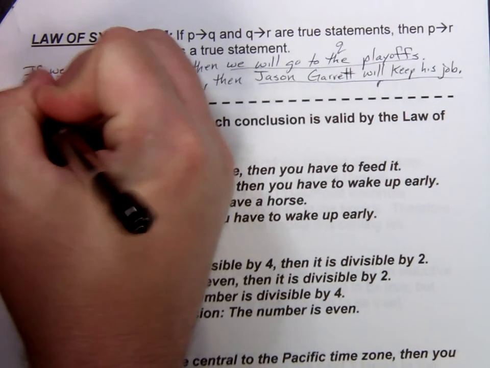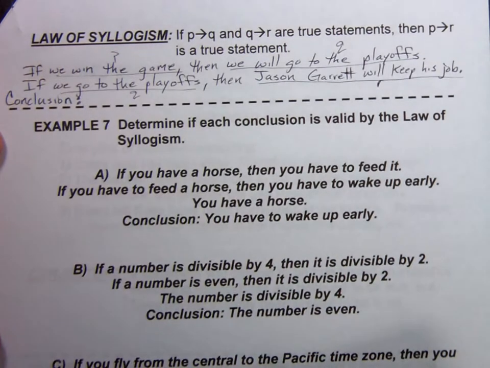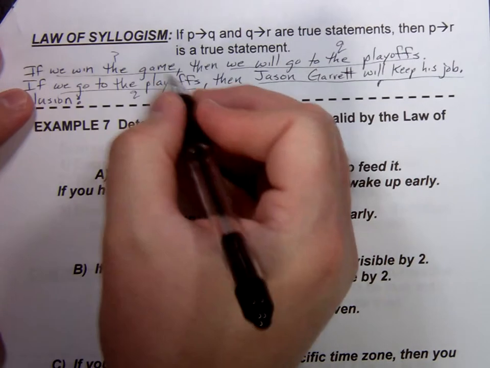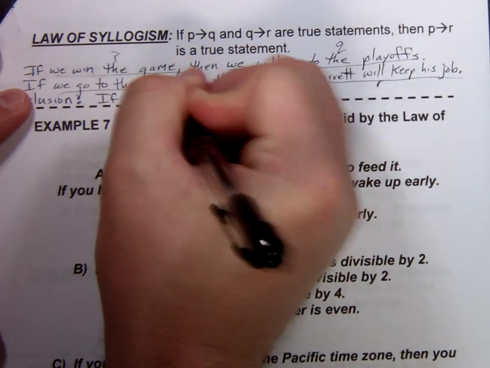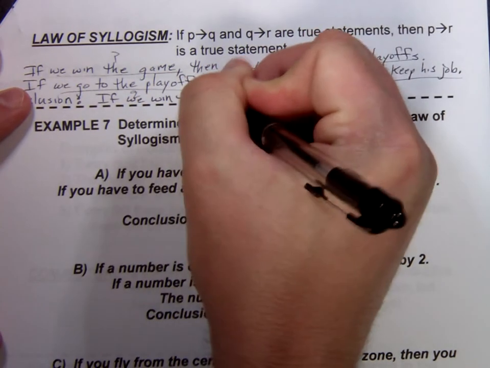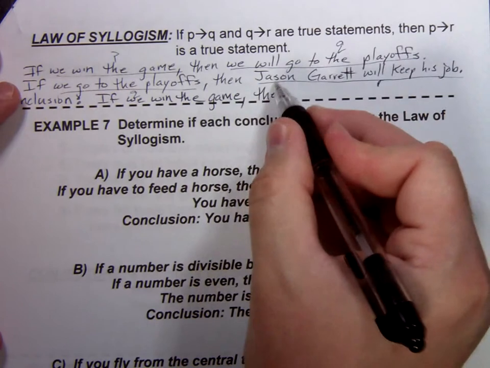So the conclusion is, if P, then R. So P was we win the game. So if we win the game, then R. R was Jason Garrett will keep his job.